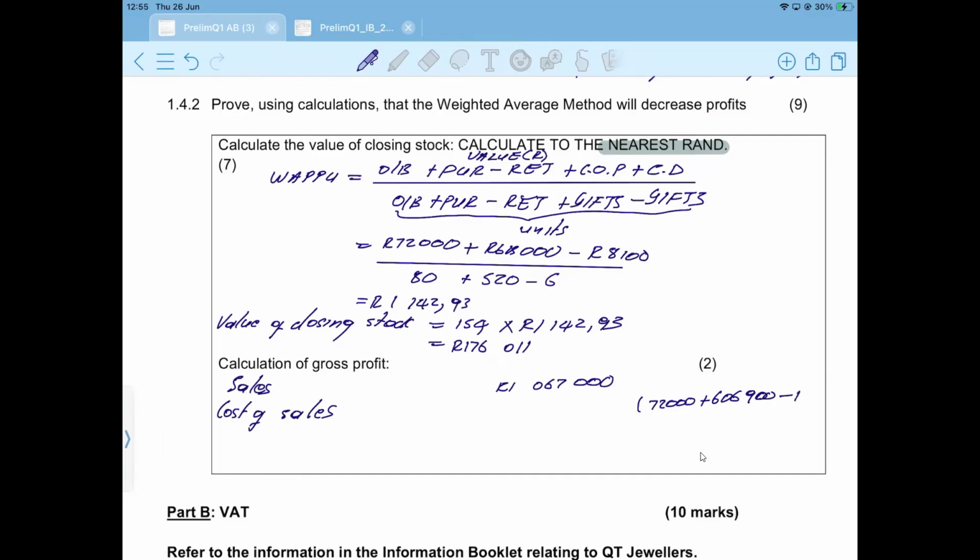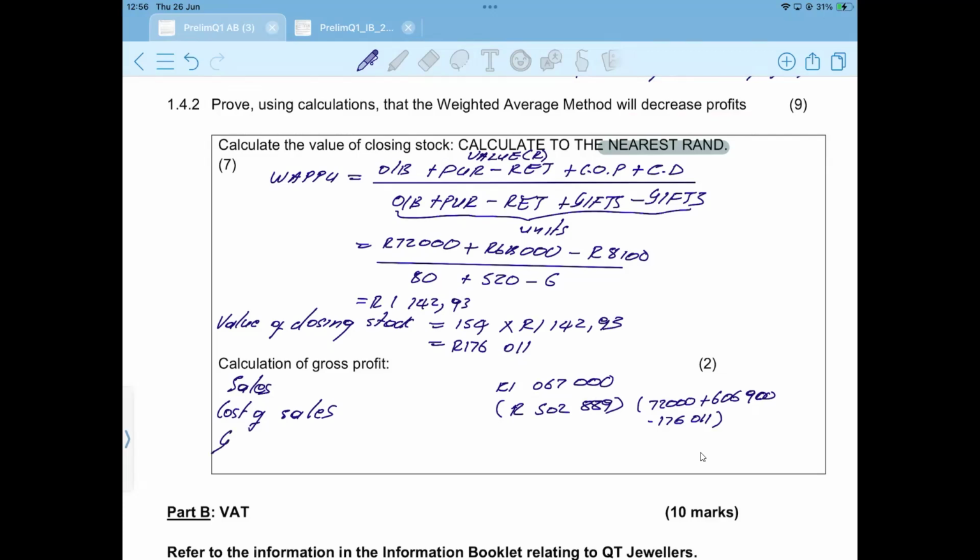Then you minus that 176,011. That will give us cost of sales. So our cost of sales will be 502,889.